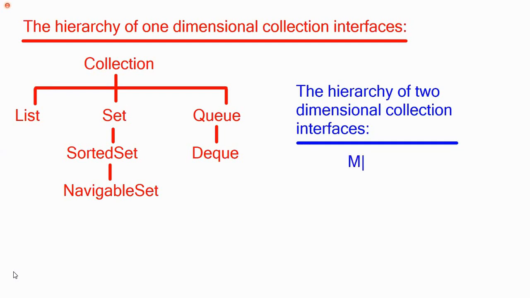Here map, sorted map, navigable map. The hierarchy of two-dimensional collection interfaces: map, sorted map, navigable map.